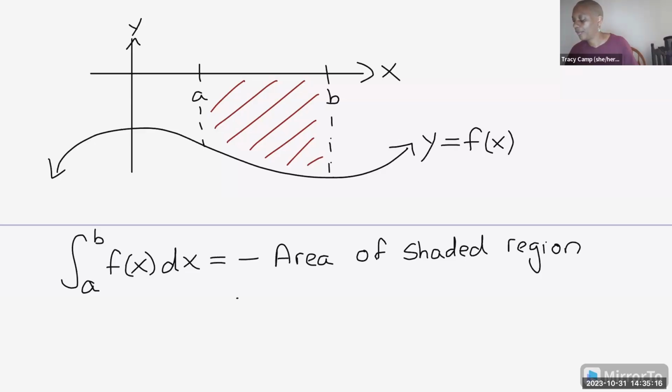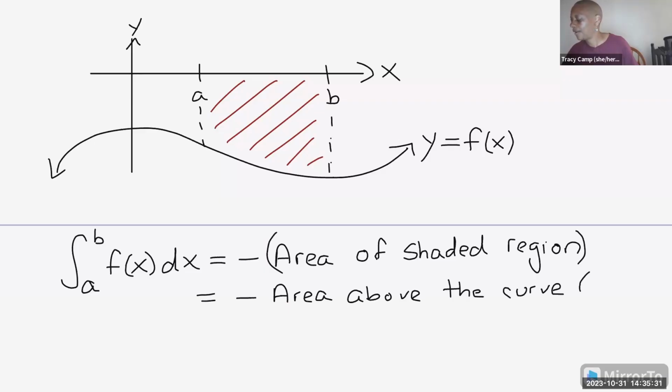So in other words, negative the area above the curve, when the curve is below the x-axis.